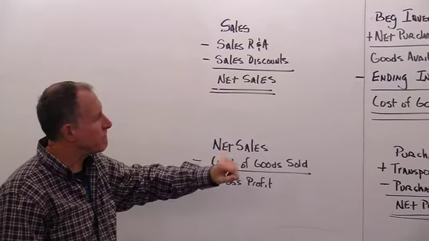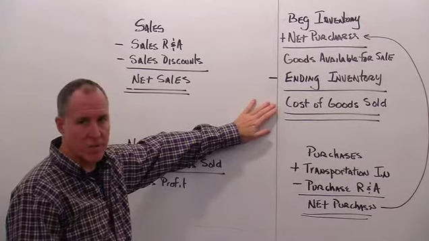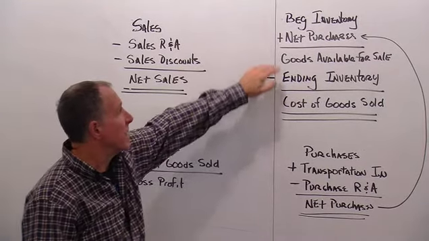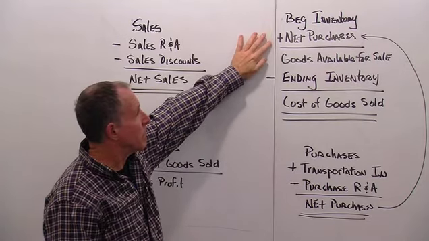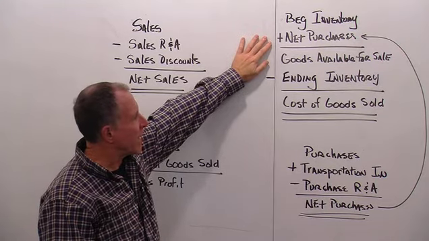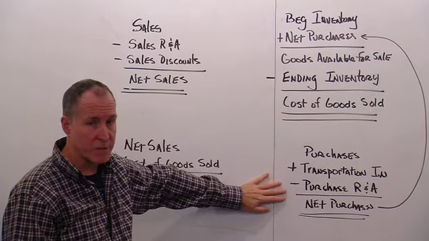Just over here to my right is the calculation of cost of goods sold. Cost of goods sold, you need to memorize, starts with beginning inventory, what we have for the beginning of the period, plus the net purchases. And you'll notice here at the bottom, I have a calculation for net purchases.